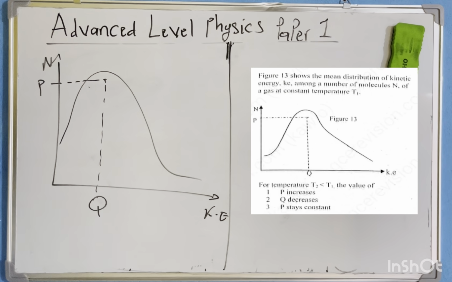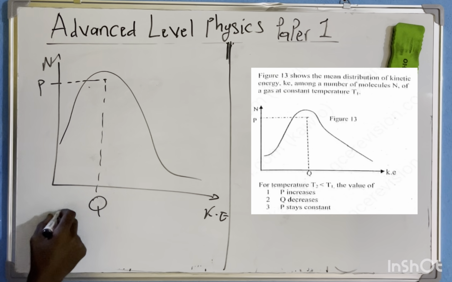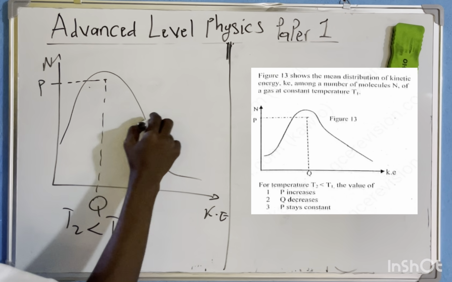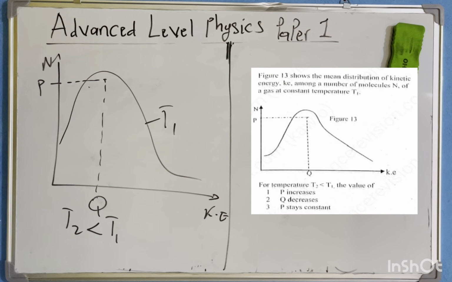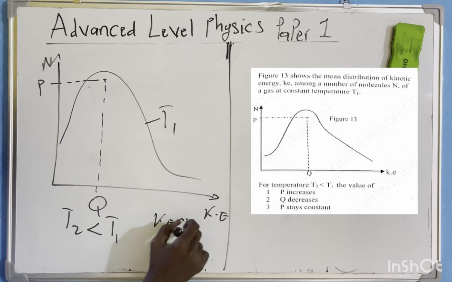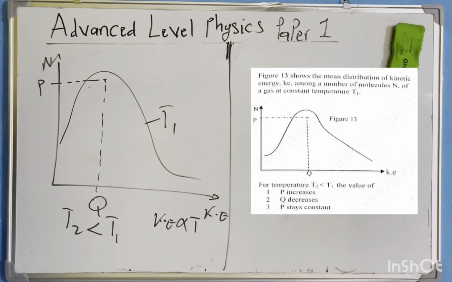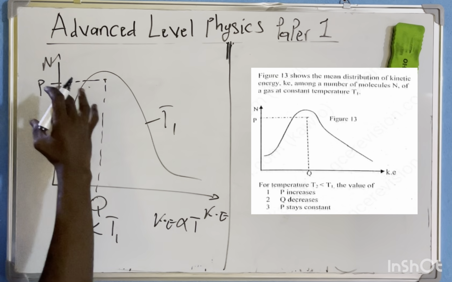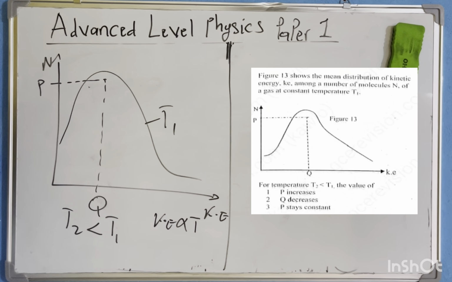Now we are saying that for a temperature T2 less than T1, the temperature here is T1, you should first of all understand the relationship relating temperature. We know that kinetic energy is proportional to temperature. The more the temperature, the more the molecules have kinetic energy.